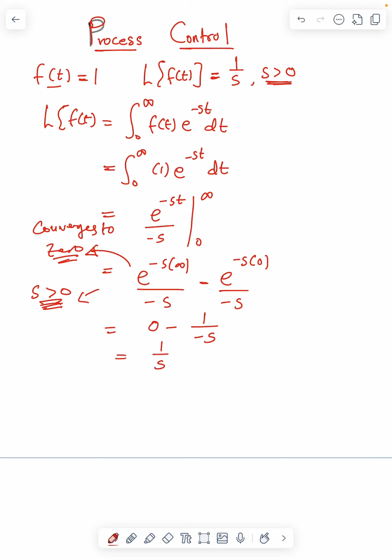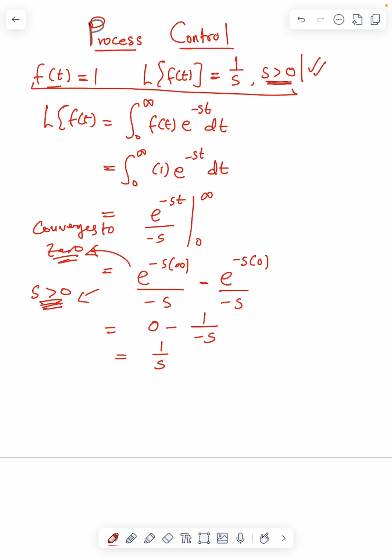Can you see? That's how we get this. You can always try to prove all the Laplace transforms that we're going to mention using this same procedure, right? That's very important, especially because you're going to have constants in your differential equations, right?